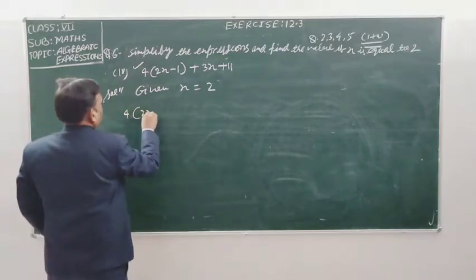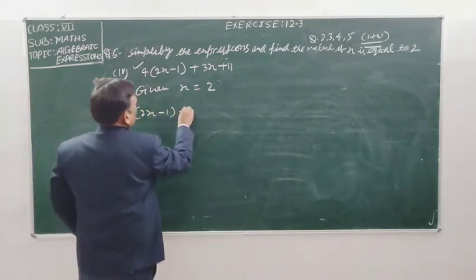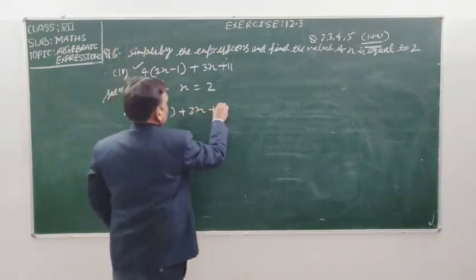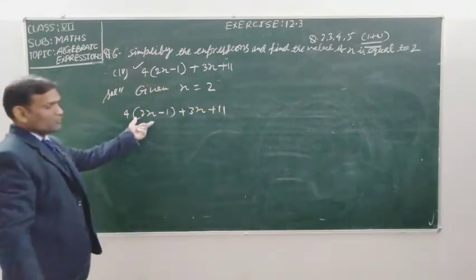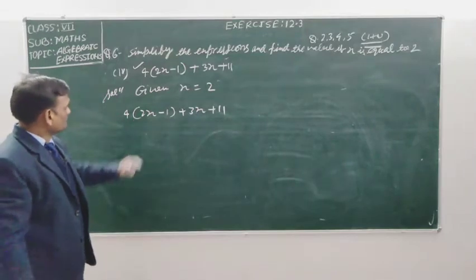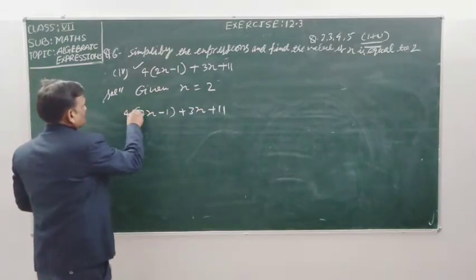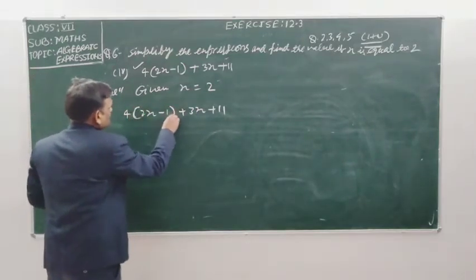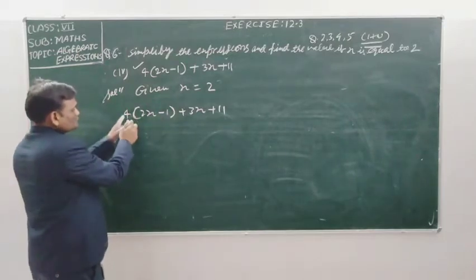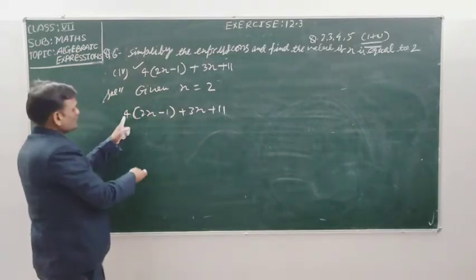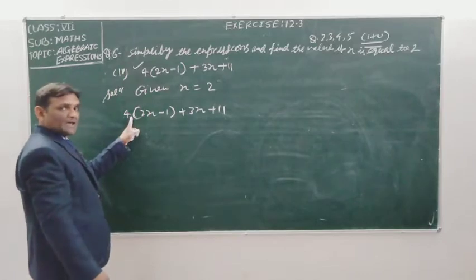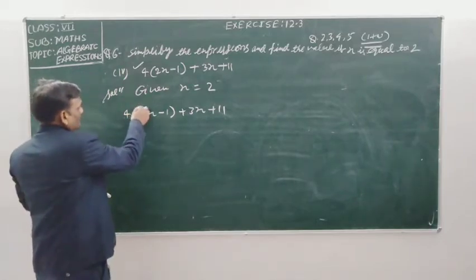For 4 times 2x minus 1 plus 3x plus 11: 4 is written outside of the bracket and there is no sign between the bracket and 4, so you will understand it is multiplication.